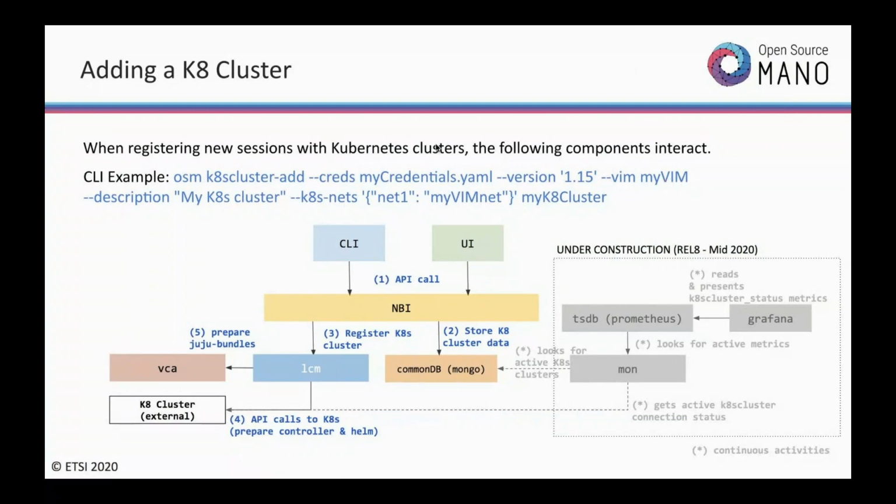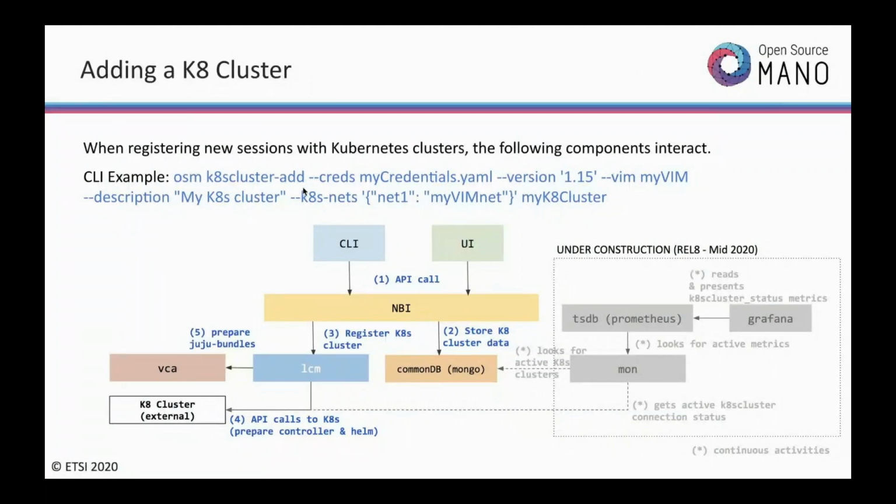You need to provide the VIM name. Why? Because in this way, we will be able to provide a network name, so it's easier to expose services and interconnect hybrid network services that are composed by virtual machines and Kubernetes network functions. If you don't have it related to a VIM, this is irrelevant. But anyway, I'm deviating from the main topic, which is what happens when you create a Kubernetes cluster.